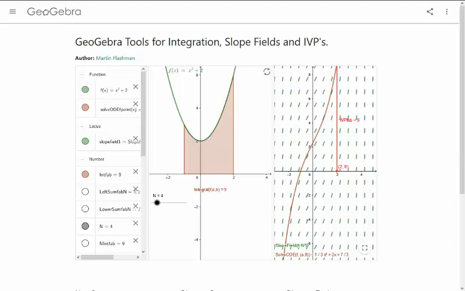In this panel we have a GeoGebra worksheet which has several features of GeoGebra for integration, slope fields, and initial value problems illustrated that are built into GeoGebra. First, observe we have the function x squared plus 2, and we have a slope field for that function.